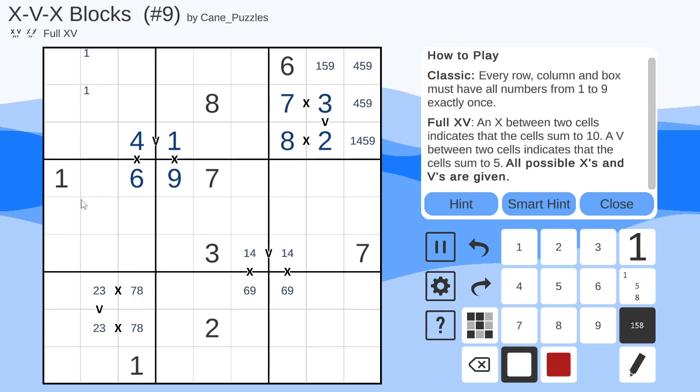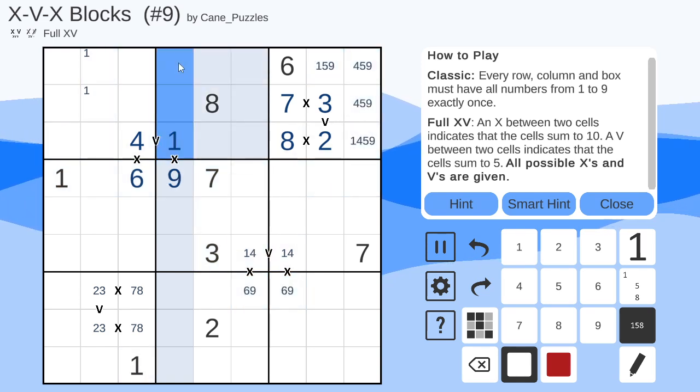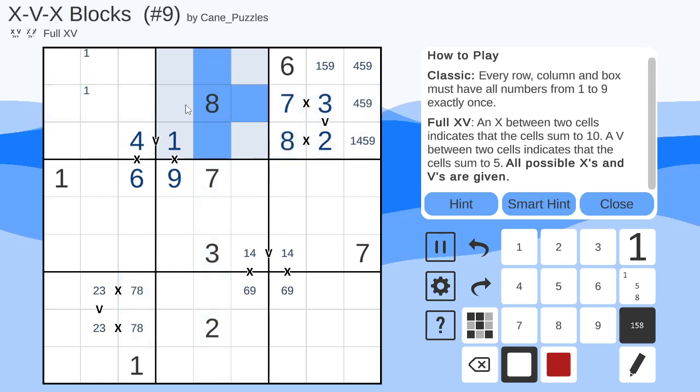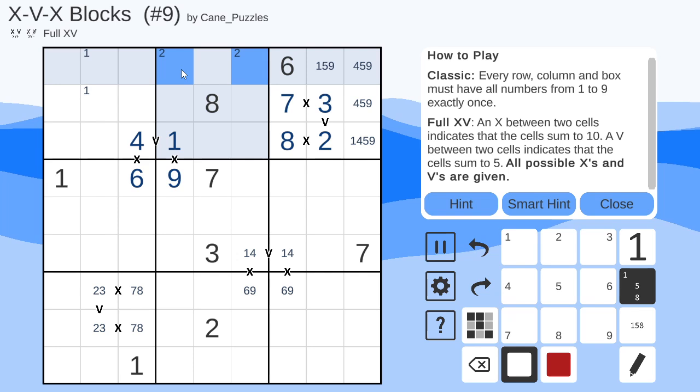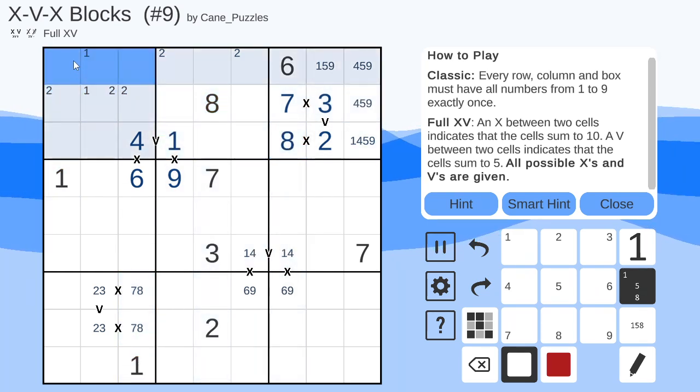Where could I go from there? What about the 9? It won't be of use because, yes, there's that. But where else is it? It's going to be like that. This 8 might be powerful because these cannot be a 2. The 2 lives here, which means there's a 2 here. There's an 8 up here.